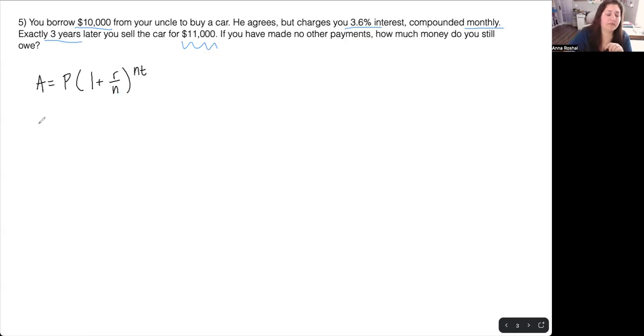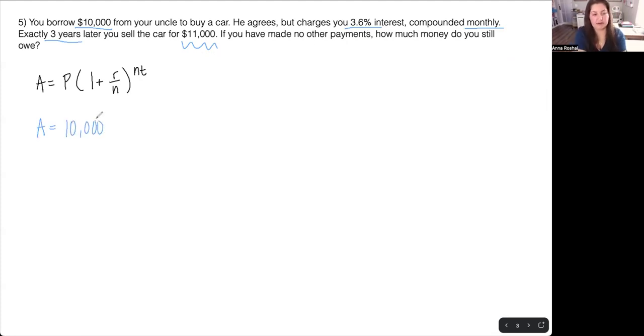Okay, so my assumption is you're borrowing. That's an interesting question. Let's figure out how much you are paying over the course of 3 years. We don't know how much we're paying, but we know that we've borrowed $10,000.